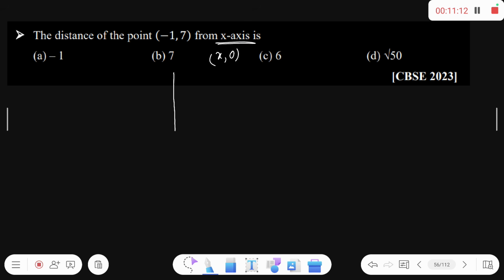Let me draw it for you. This is the point -1 and 7 upward movement. So somewhere here this point will lie. So it is asking perpendicular distance. So this is your perpendicular distance from y-axis, and this is your perpendicular distance from x-axis, which is 7. So 7 is your answer.